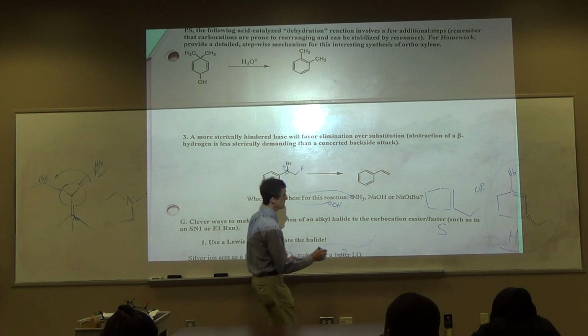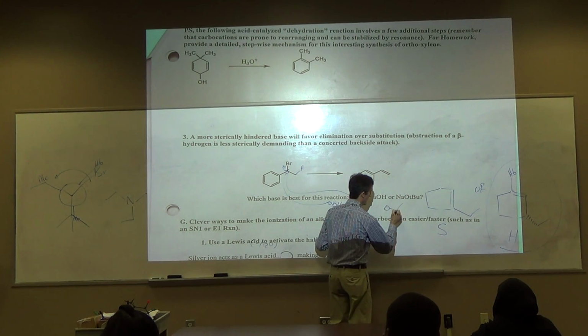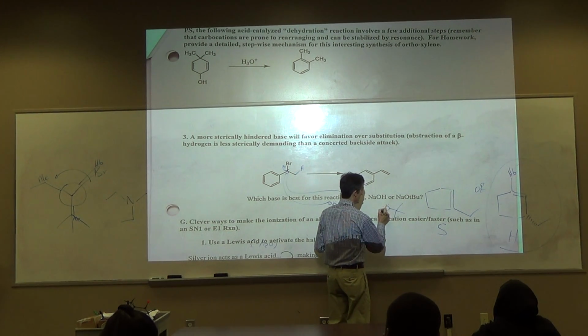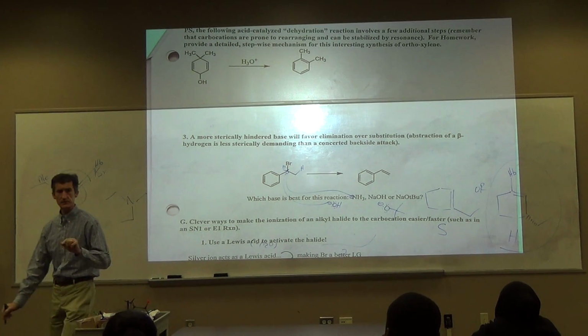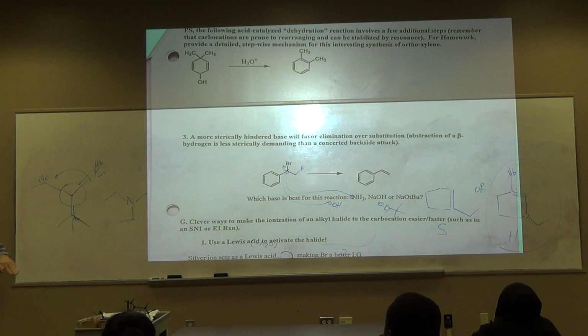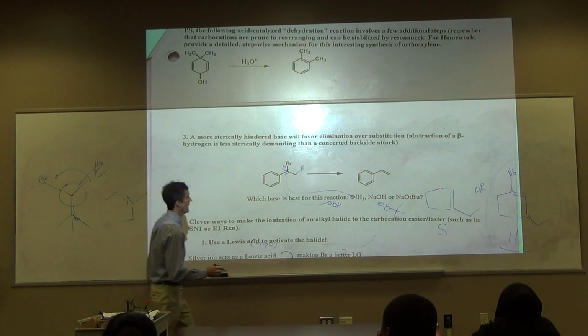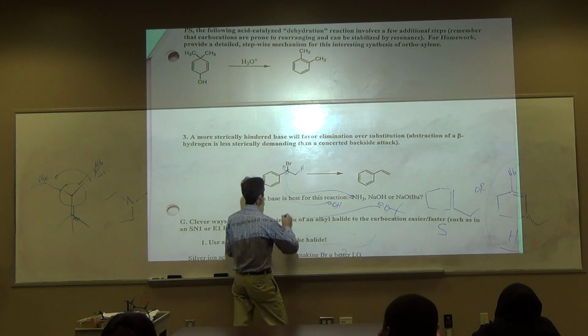This over here will be tert-butoxide, sodium tert-butoxide. If you look at the previous handout, we mentioned it right under triethylamine. We also mentioned that it's commonly used as a base for E2. Because it's so sterically hindered, this is going to be more difficult.